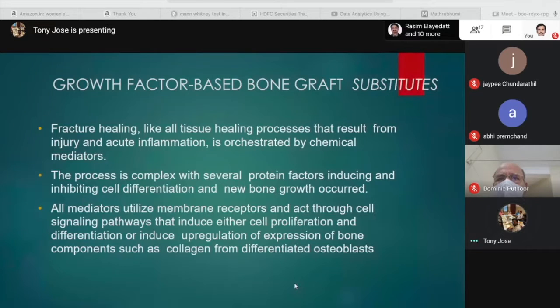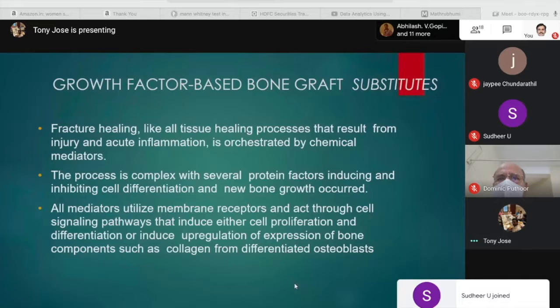The process is complex, with several protein factors, including those inhibiting cell differentiation, and new bone growth occurs. All mediators utilize the membrane receptors and act through cell signaling pathways that induce either cell differentiation or upregulation of expression of bone components such as collagen from differentiated osteoblast.